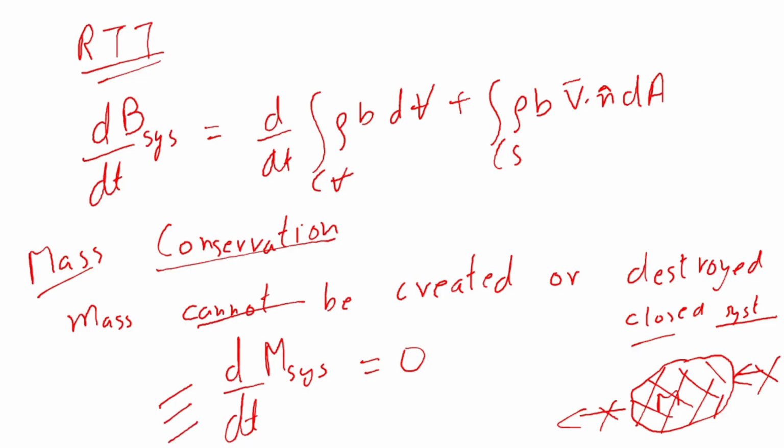So like we said, this expression is stating that the mass of the system is not changing with time because the time derivative of it is equal to 0. So the mass of the system remains constant. That is the mass conservation law.